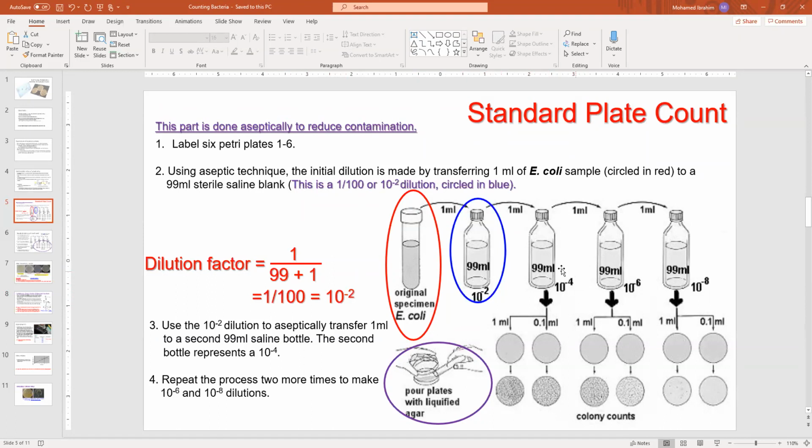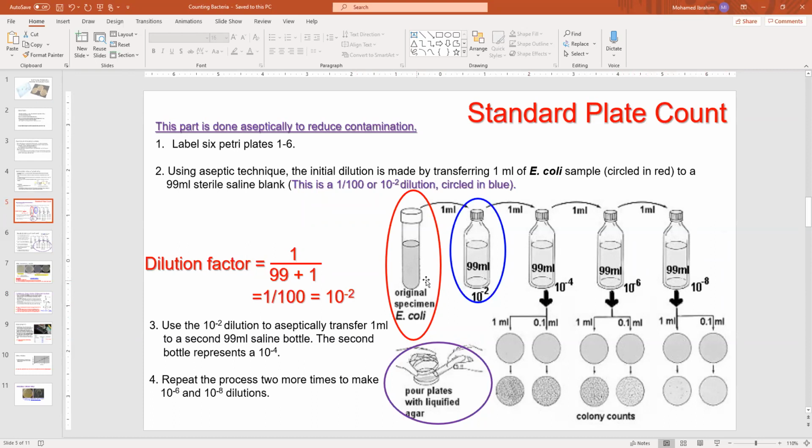That will be your total dilution here. And if you transfer 1 ml to the next bottle, the total dilution will be 10 to the minus 6, and so on. This is very, very important to know.